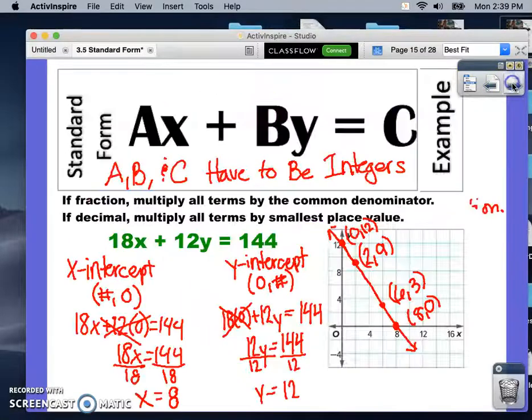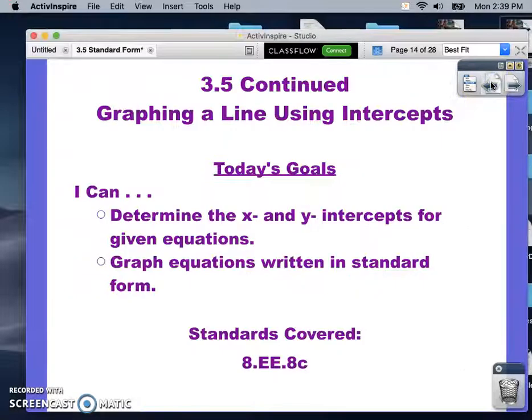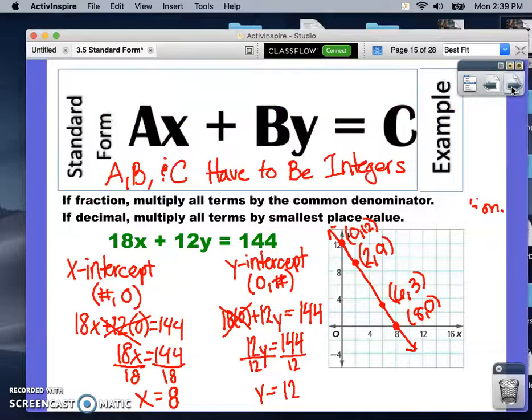All right, so now we're going to move into graphing equations written in standard form. Just kind of a review, to figure out the x-intercept, you replace the y with 0. To figure out the y-intercept, you replace the x.